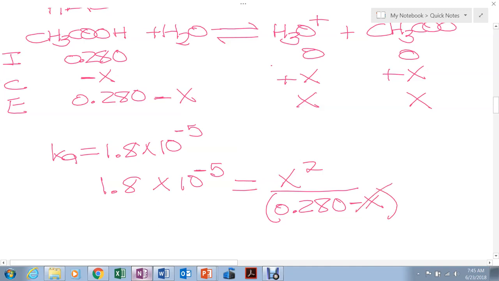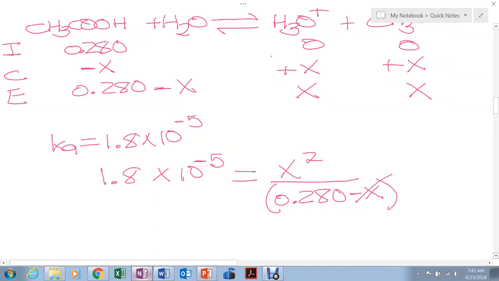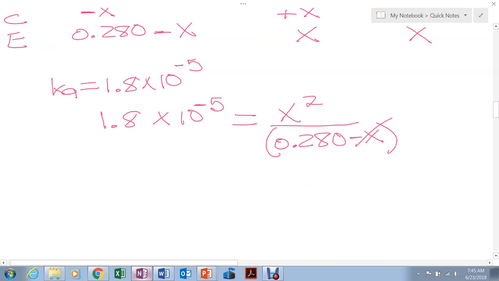Let's drop the x to see, then we'll double check if it was okay to drop it. 1.8 times 10 to the negative 5 multiplied by 0.280 equals x squared.